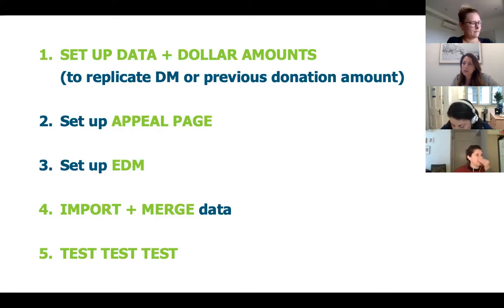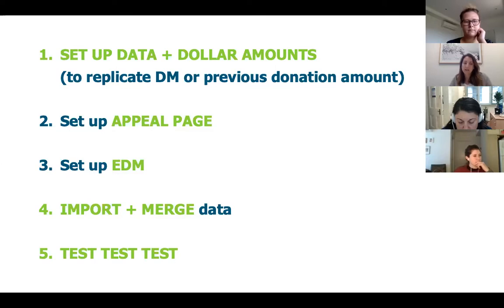Not sure which system you guys are using. Everyone uses different things: Campaign Monitor, MailChimp. Today I'm going to use MailChimp just because we use MailChimp, but they all work the same with merging data. I can help you after this call if you're having problems with your specific mail provider.